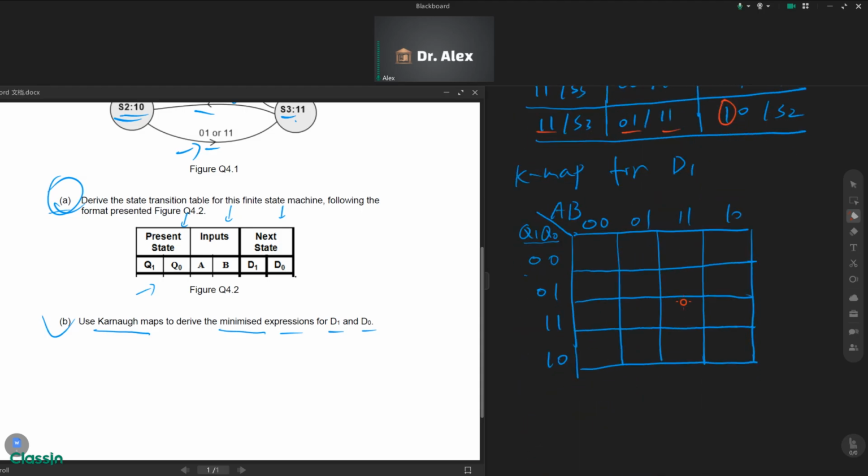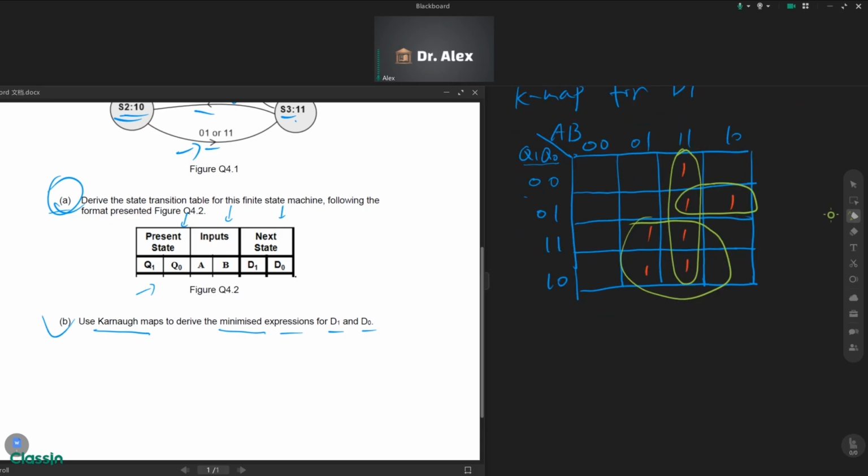So we will finish it like this. This is 1, 1, 1, 1, 1, 1, 1. All the other cells should be filled with 0. I will not write it down because I think you already know it. Then we just draw the circles to make the combinations. Obviously, these 4 can form a combination, these 4 can form a combination, and these 2 can form a combination. The next step is straightforward.